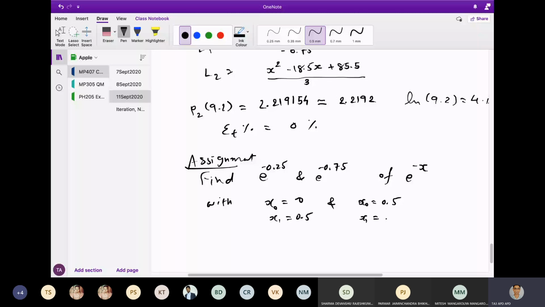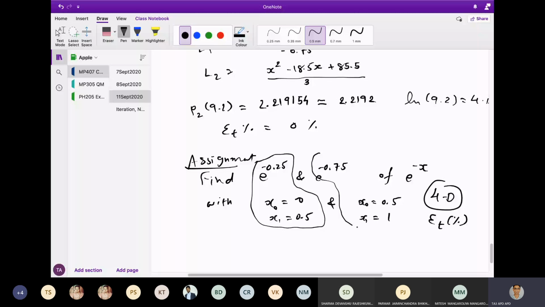You have to obtain the values up to 4 significant digits with error analysis, percentage of error. For e to the power minus 0.25 you take these two values, and for e to the power minus 0.75 you take these two values. That's one example you should be doing in the assignment.